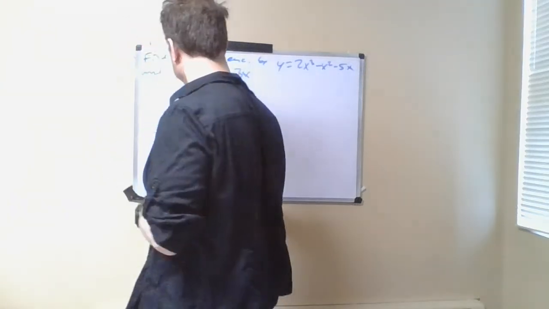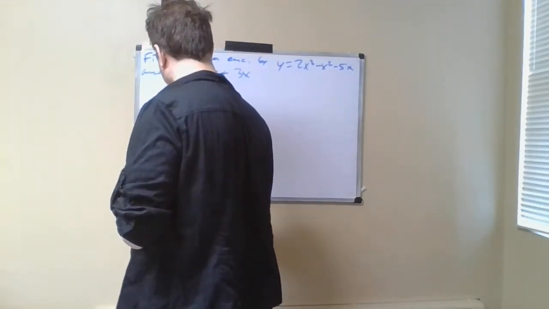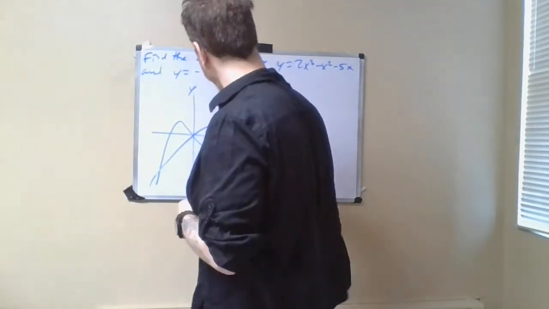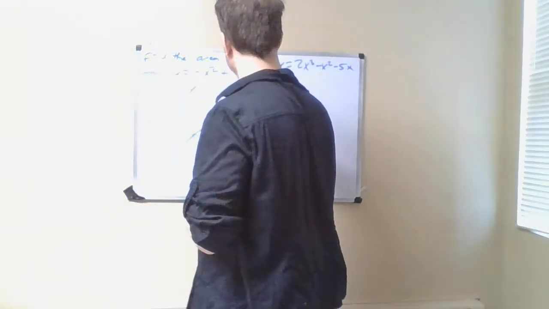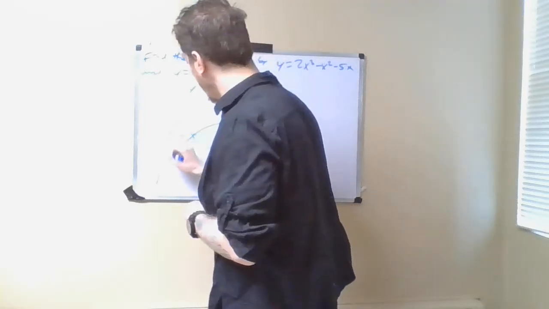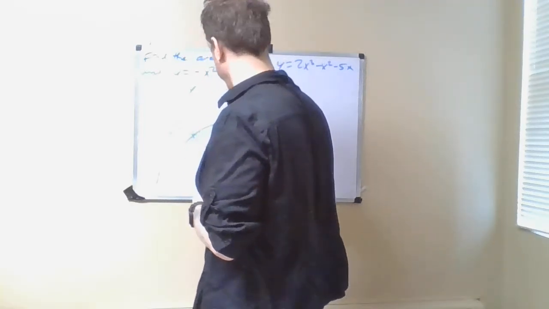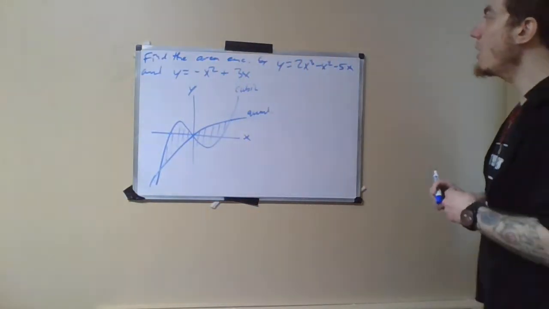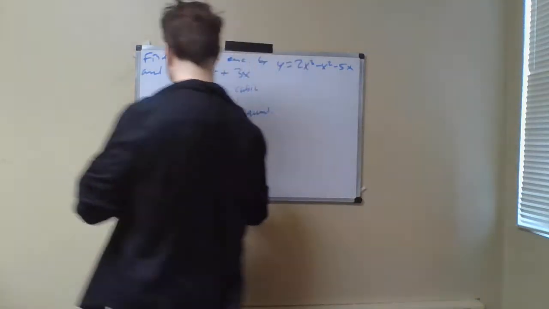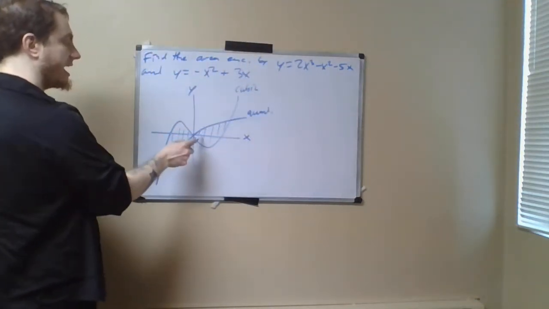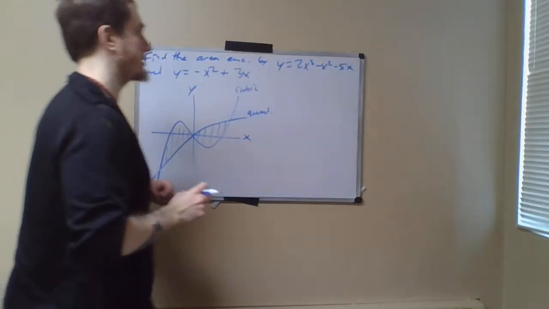Now, the x squared ends up doing something like this. And so what we get here is, this is my cubic, this is my quadratic. We end up with these two regions, a region on the left here where the cubic is bigger than the quadratic, and a region on the right here where the quadratic is bigger.